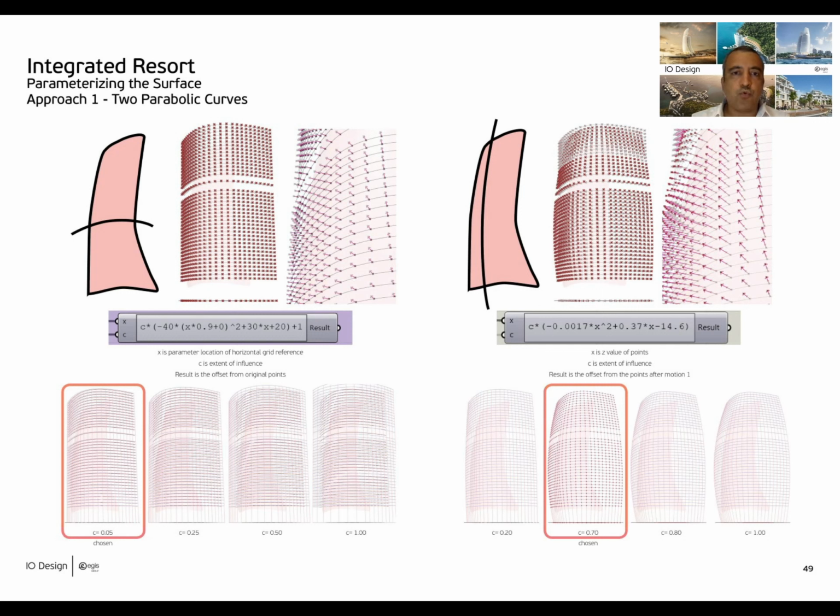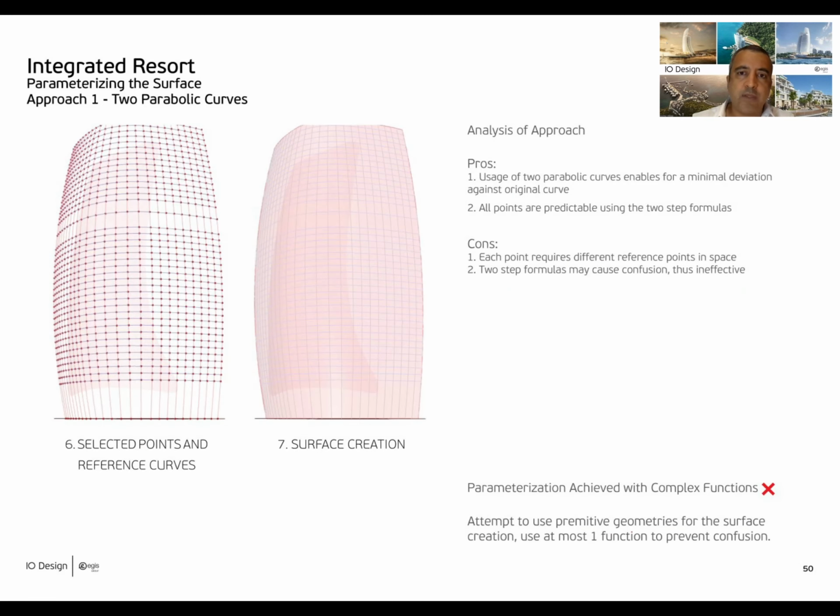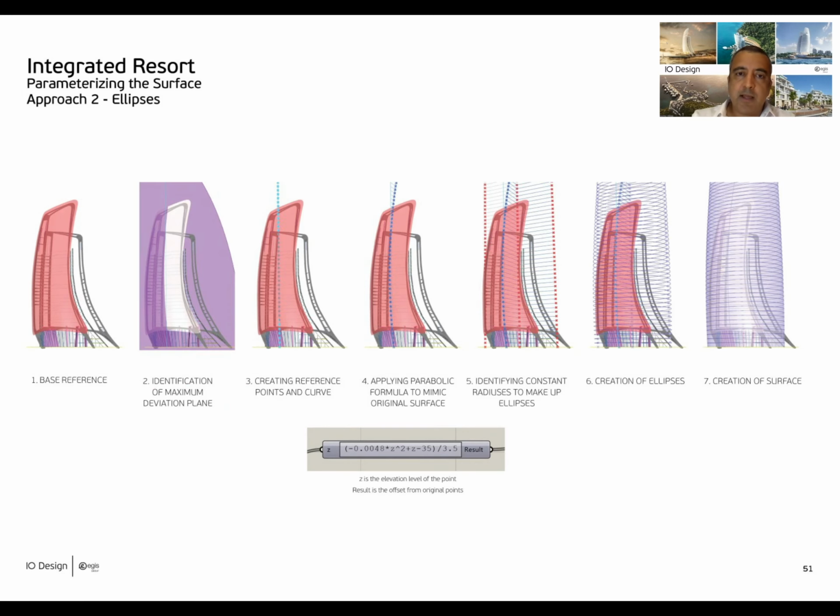So we then evolved, after the parabolic, to an elliptical translation of those shapes.